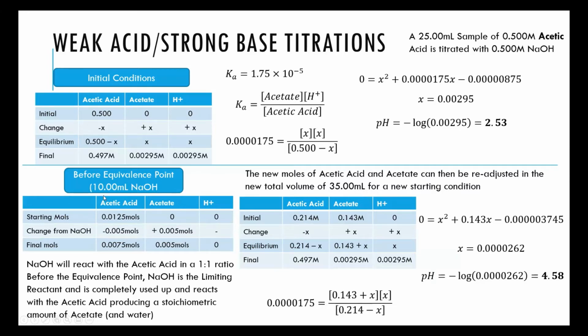You added 10 more milliliters of volume. So you could solve for, first, those new starting conditions, those new initial concentrations based on this new number of moles of both acetic acid and acetate, and this new volume.